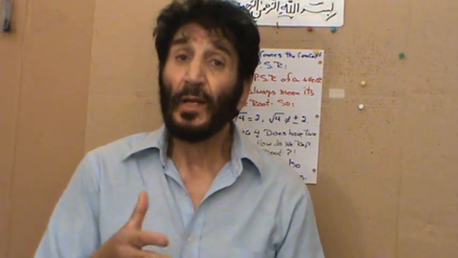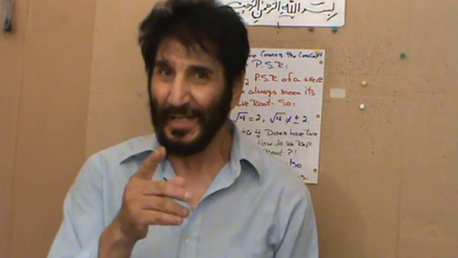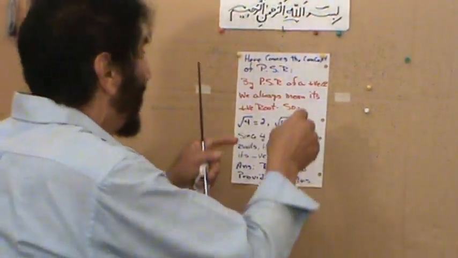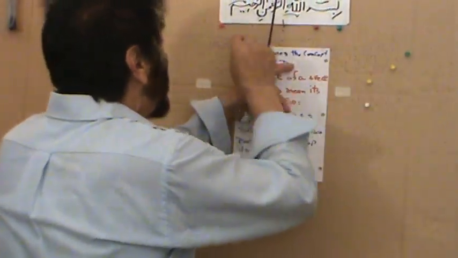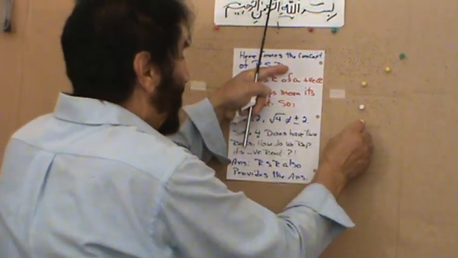Then is the principal square root going to interfere? The answer is no. The principal square root does answer that question as well, very beautifully. Let's see how it does. What is the principal square root going to do for us so that we get the negative root of that?